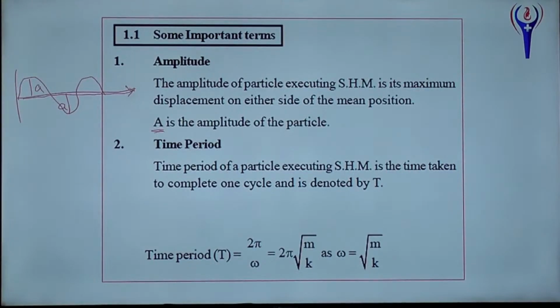Okay, and time period. The time period of a particle executing simple harmonic motion is the time taken to complete one cycle.